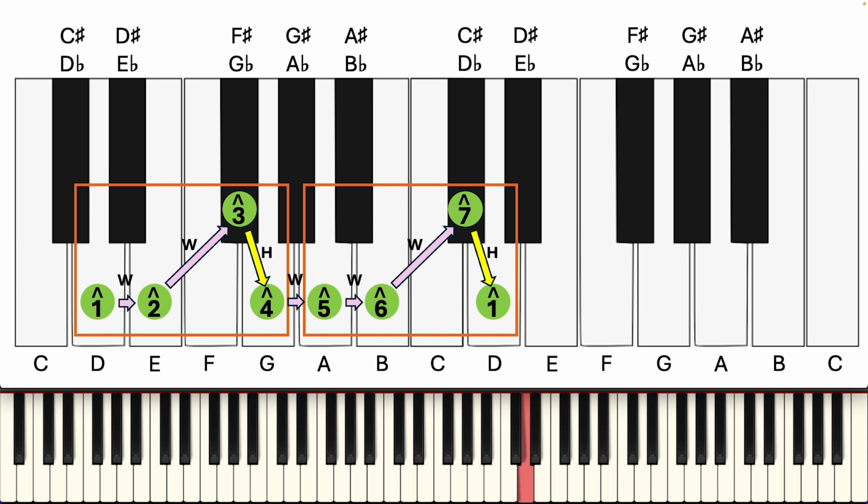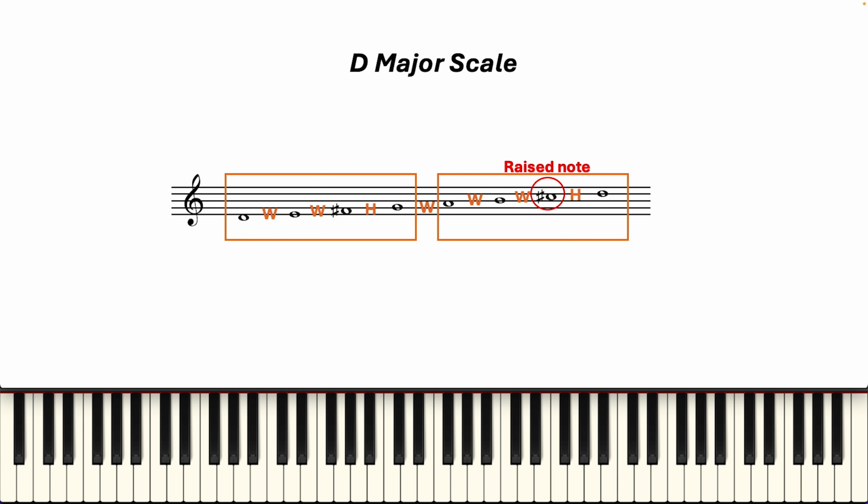It's the D major scale. And in this case, we raised the scale degree 7, which is C. So to read them, basically, it's D, E, F sharp, G, A, B, C sharp, D. And then if we look how it looks on the notation, there you go. We raised the C into a C sharp.